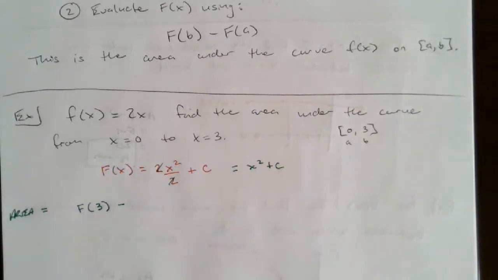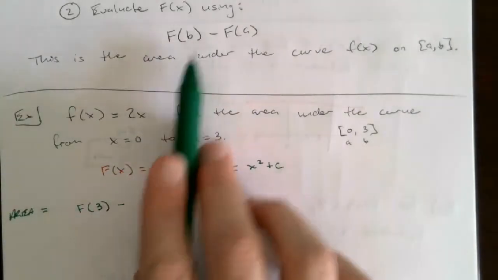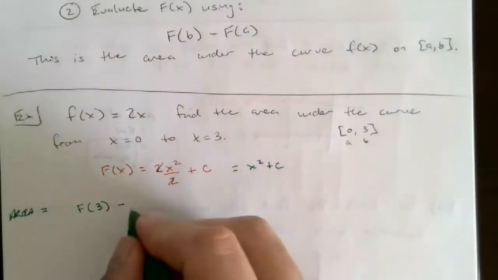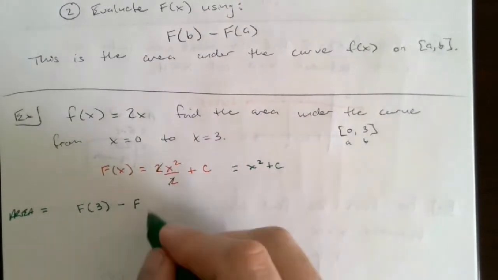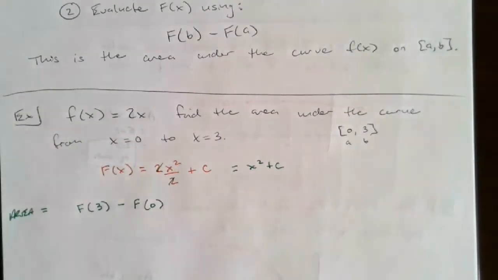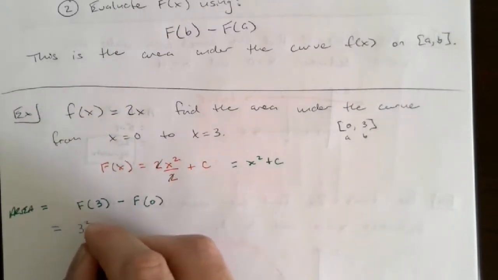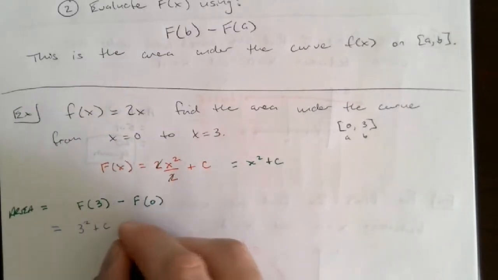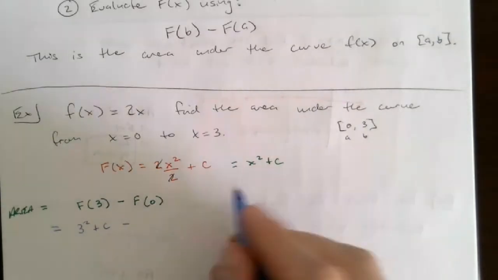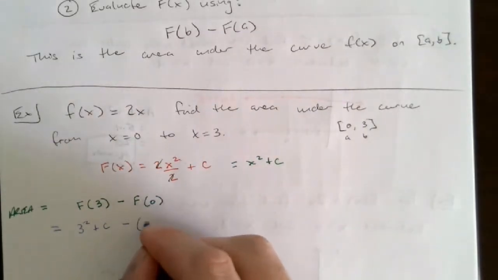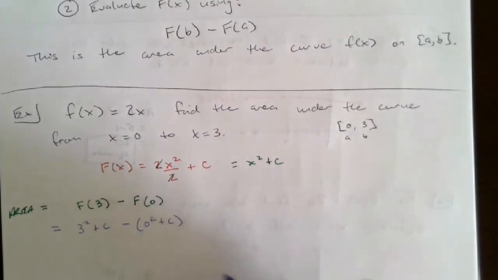Right, so area equals, according to what this formula tells us, F of b minus F of a is F of 3 minus F of 0. And substituting that into here, right, F of 3 is going to be 3 squared plus c, minus F of 0 would be, in parentheses, 0 squared plus c.